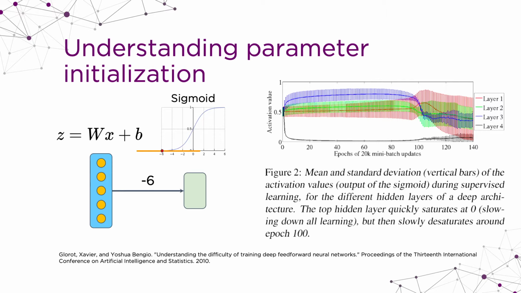And if I take the derivative of the sigmoid evaluated at -6, the derivative is almost 0. It means that if I change a little bit the input of the sigmoid when the activation is -6, it doesn't change much the output because of this non-linearity.